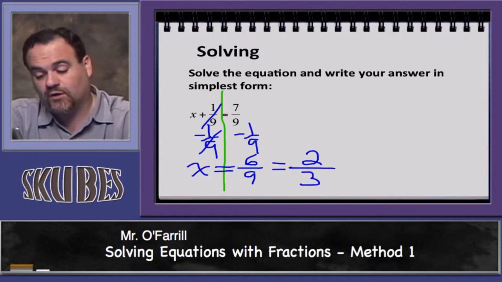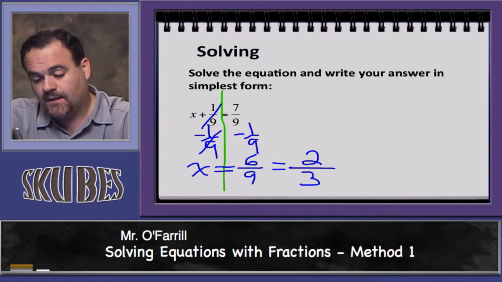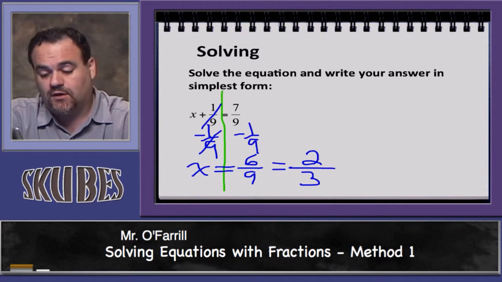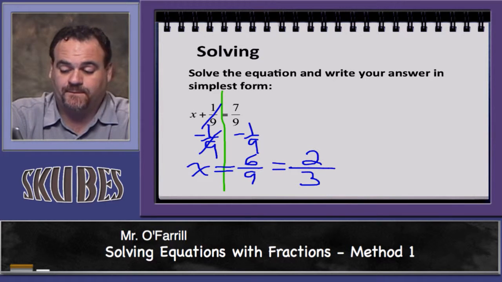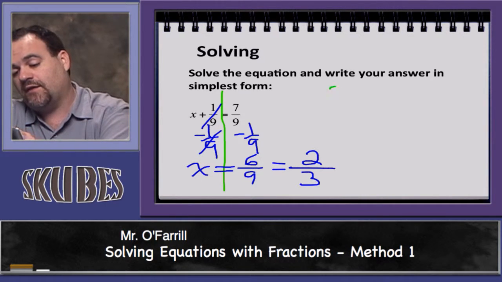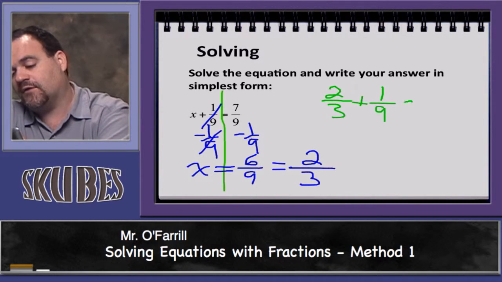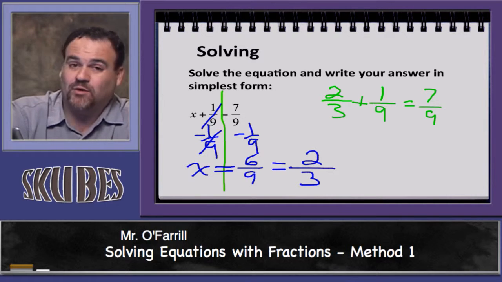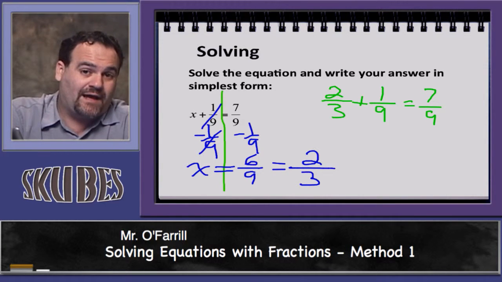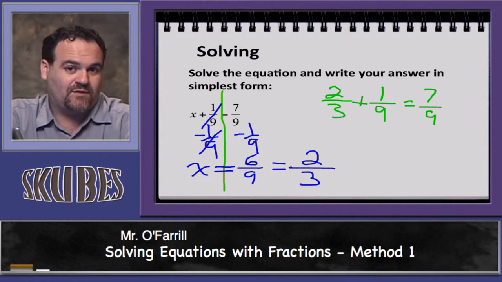And then the last thing that we're going to want to do is to check our answer, as we always do for any algebraic equation. So we're saying that 2/3 plus 1/9 equals 7/9. Now I'm going to cheat a little bit here, but as we talked before about adding fractions together, they need to have the same denominator.